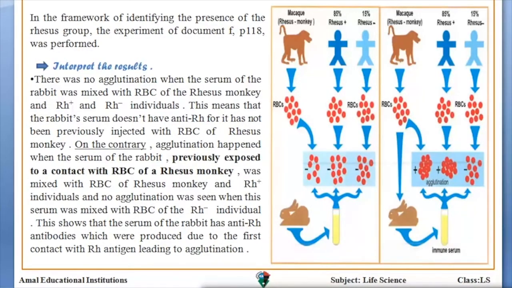In the first set of our experiment, the red blood cell removed from the rhesus monkey, Rh positive individual and Rh negative individual showed no agglutination when mixed with the serum originating from the rabbit.